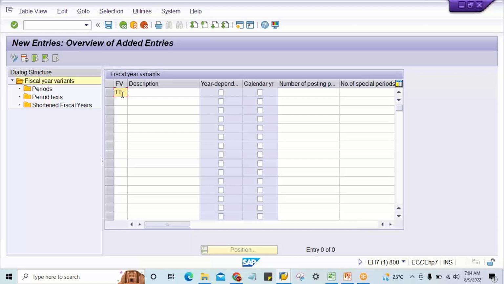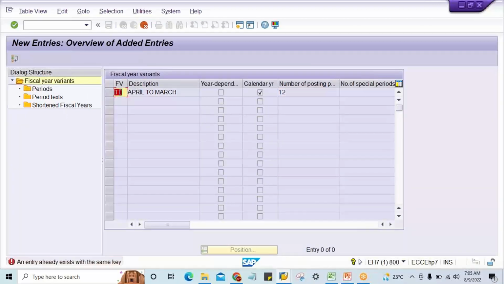For the fiscal year variant, you can give the description April to March. Then you simply have to specify calendar year and the number of posting periods; you can specify 12 posting periods. If you press enter, I think TT is already there, so can we give T2?